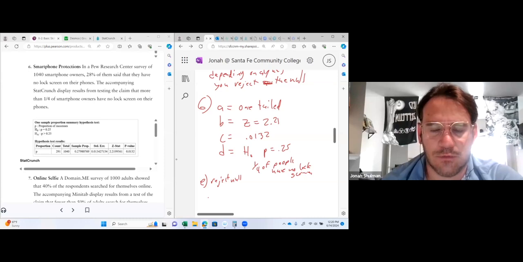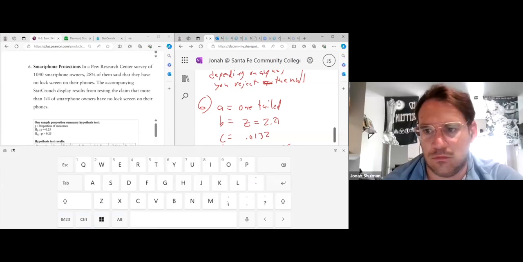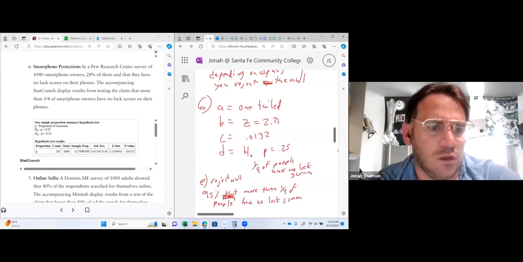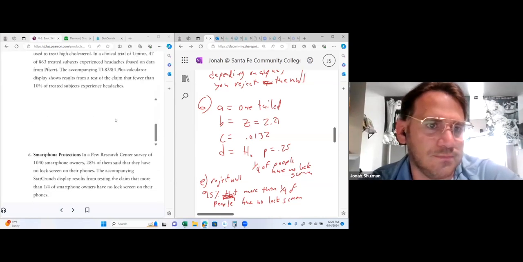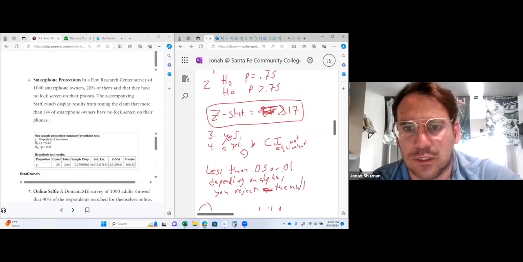We reject the null and we can say that we are 95% certain that more than 1/4 of people have no lock screen. Ta-da! And that was all the parts. And you can write the final conclusion. I'm fine with that. All right, so that was 6.